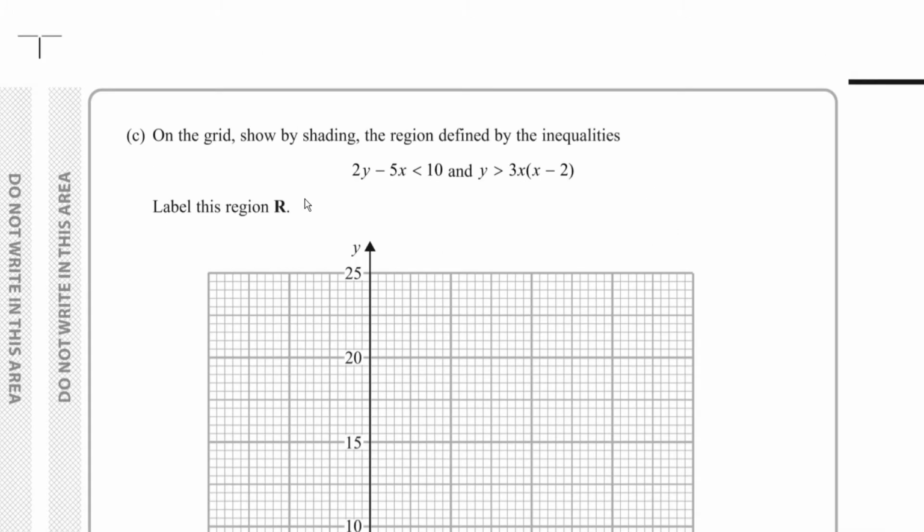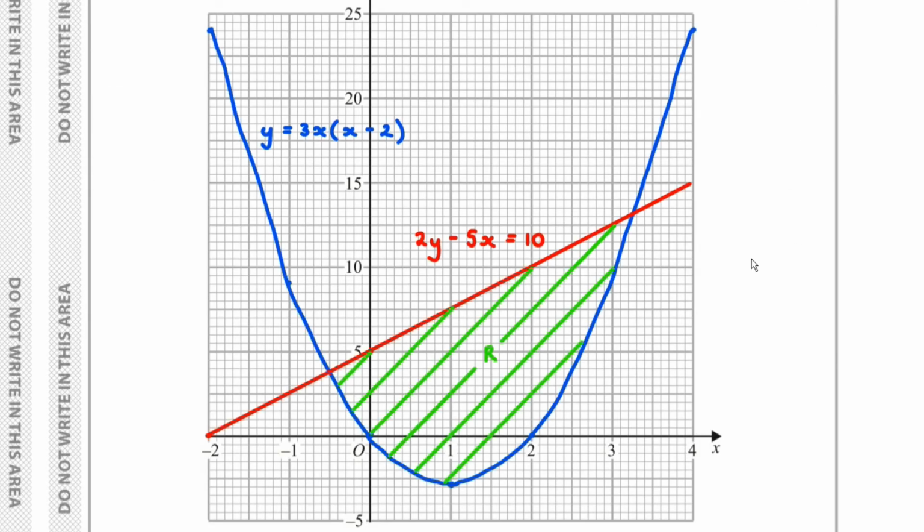Part C. On the grid, show by shading the region defined by the inequalities 2y subtract 5x is less than 10 and y is greater than 3x multiplied by x subtract 2. Label this region R. Here we have the curve y equals 3x multiplied by x subtract 2.